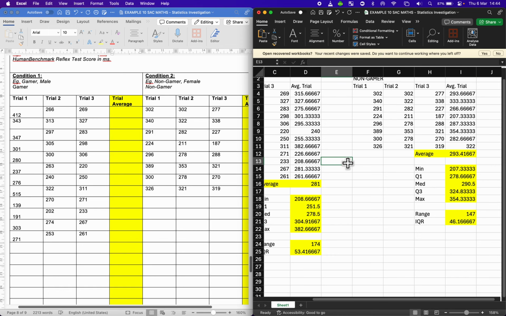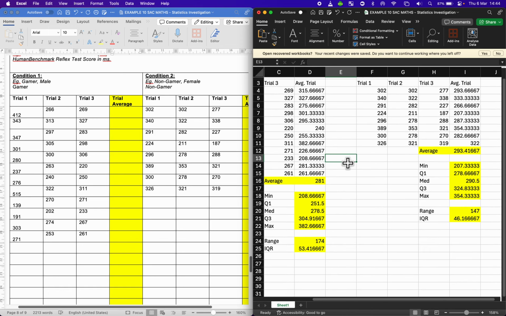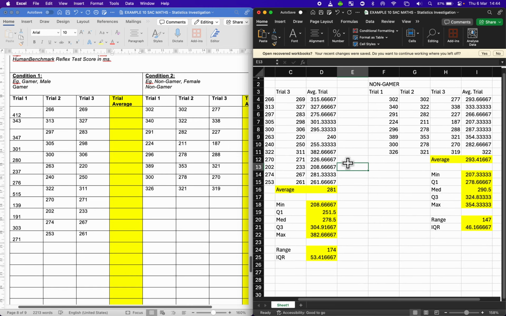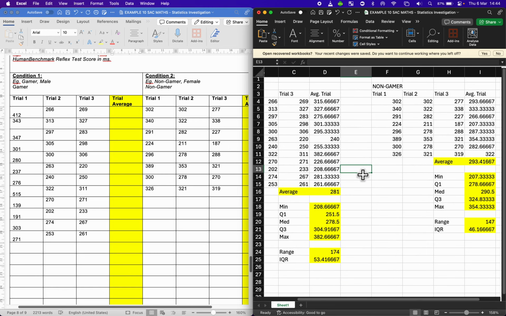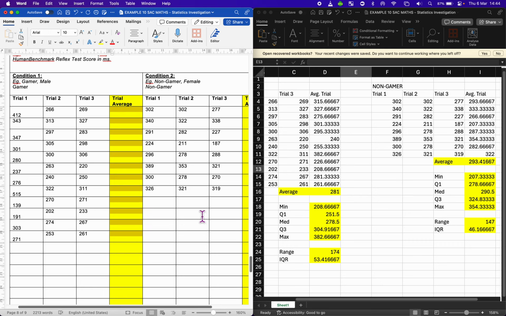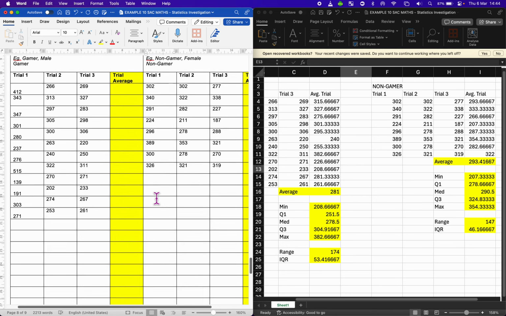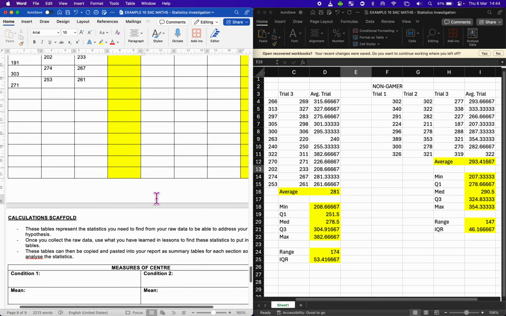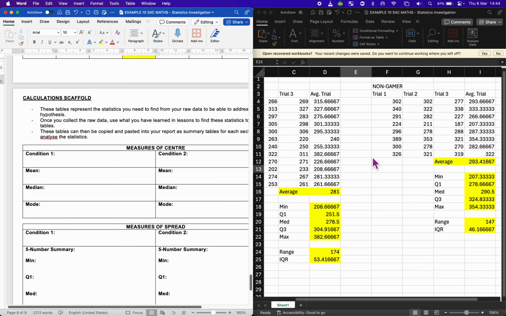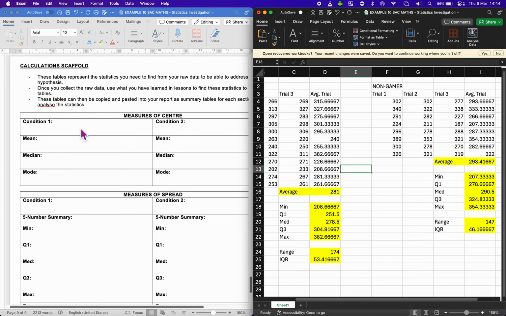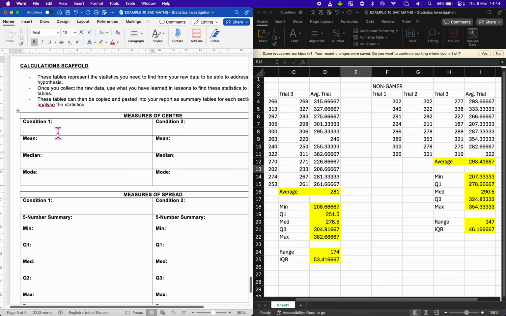So we literally have most of the story that I need to answer the question in my assignment, done in very short time. So now that you've done the spreadsheet, you can fill out your calculation scaffold. Condition 1 was being a gamer. Condition 2 was non-gamer.